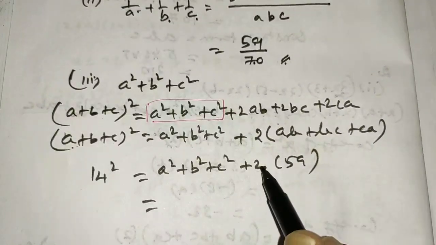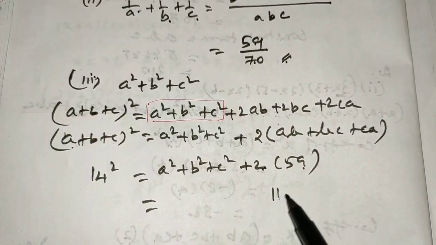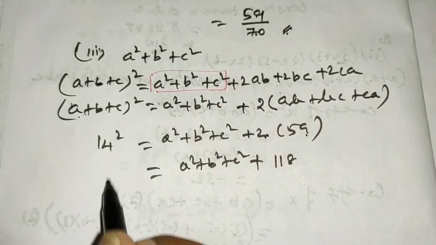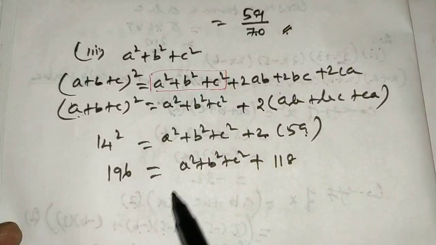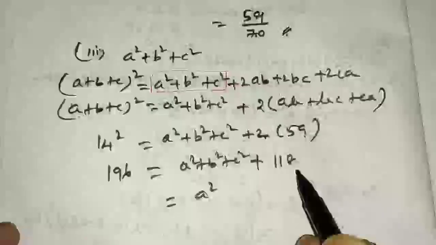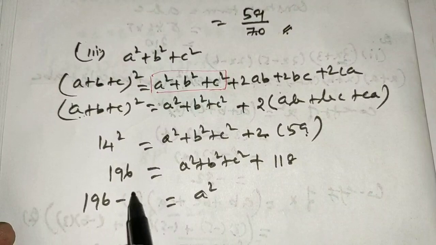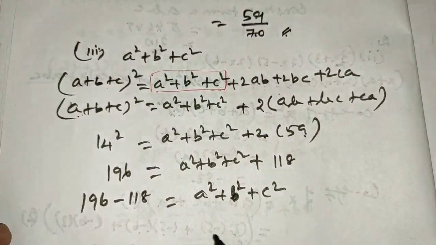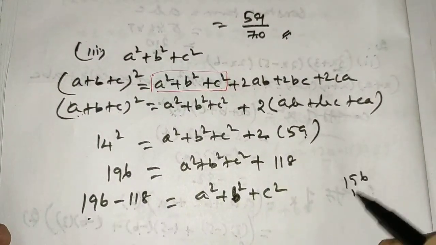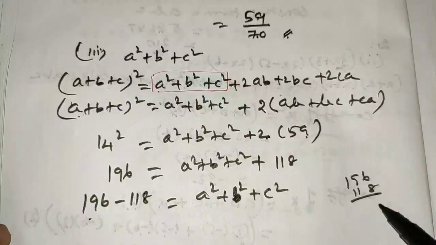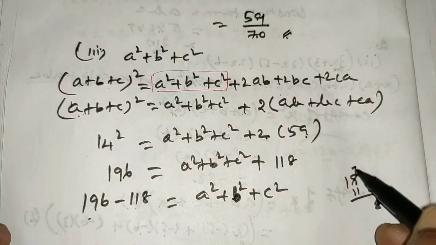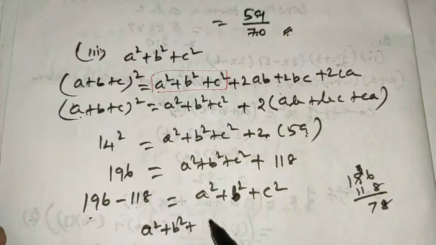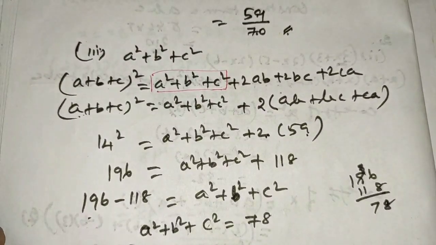On simplification you will get 2 × 59 gives 118 plus a² + b² + c². 14² gives 196. If you take this to the left hand side, 196 minus 118 is equal to a² + b² + c². If you subtract 118 from 196, you will get 78. So a² + b² + c² is equal to 78.